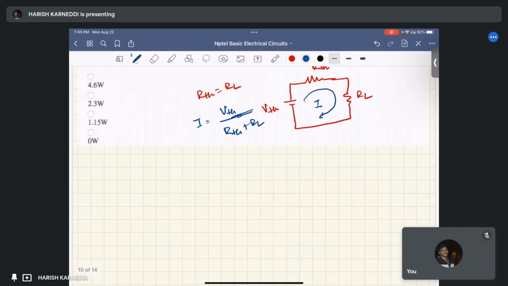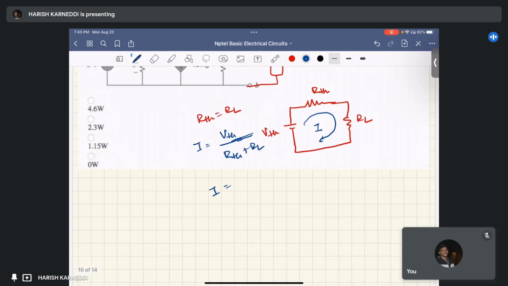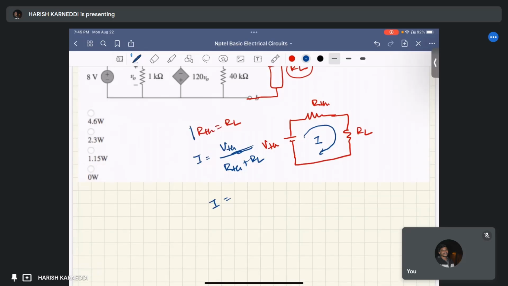So I equals, here RTH and RL are the same, right? The condition for the maximum power transfer theorem. So I can write this as VTH by 2 RTH. Why? Because I replaced this RL with RTH. So RTH plus RTH becomes 2 RTH. Right?